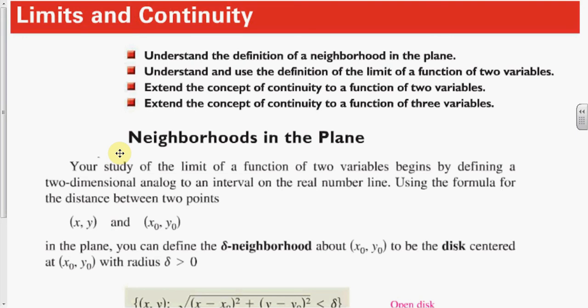Continuity. Here we go back and look at when we discussed limits in Calculus 1, where you had a function of y that depended on one variable x. But now we have a function z that depends on x and y.